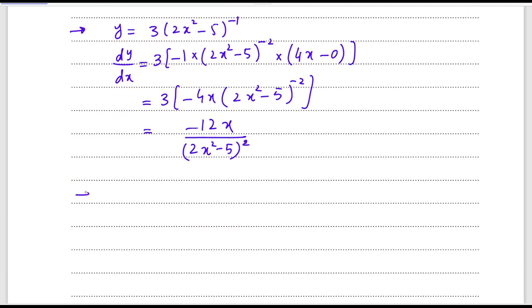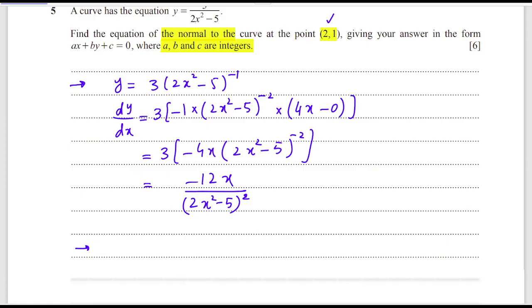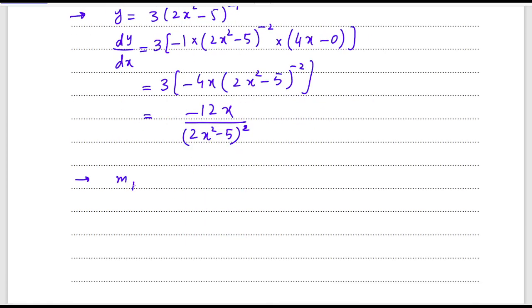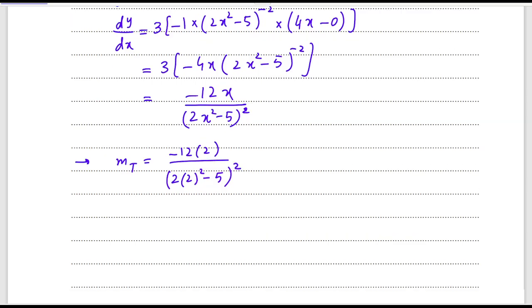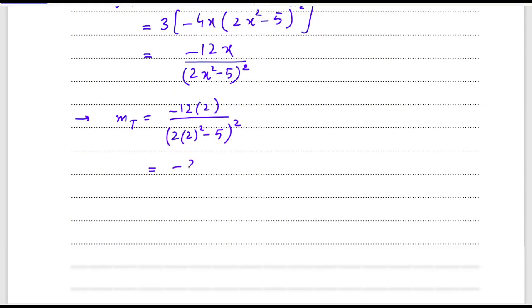Now substitute the given point, which gives the gradient of the tangent. The given point is 2, 1. Put x equals 2 in the derivative, which gives us the gradient of the tangent. So it's minus 12 times 2 divided by 2 times 2 square minus 5 whole power 2, which is equal to minus 24 divided by 4 minus 5, which is 1.